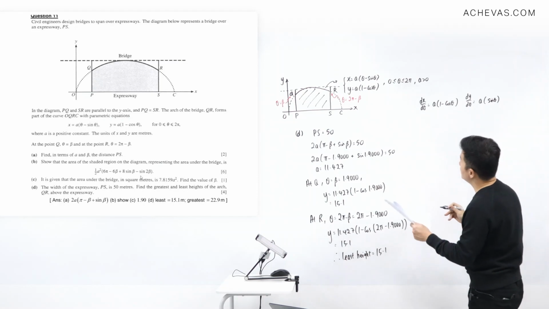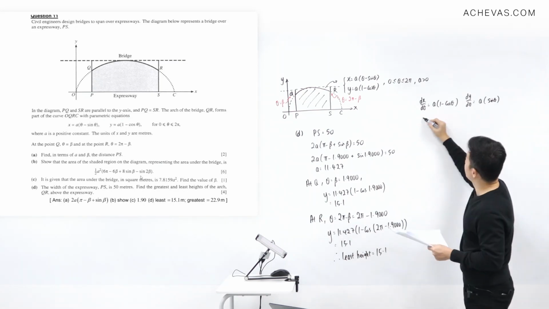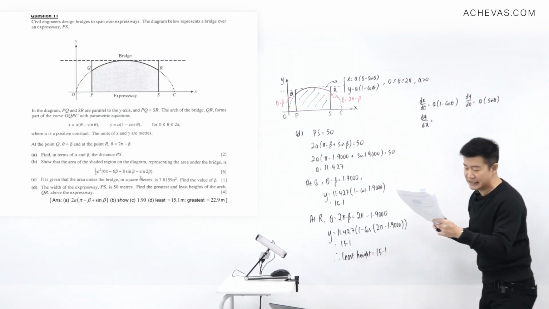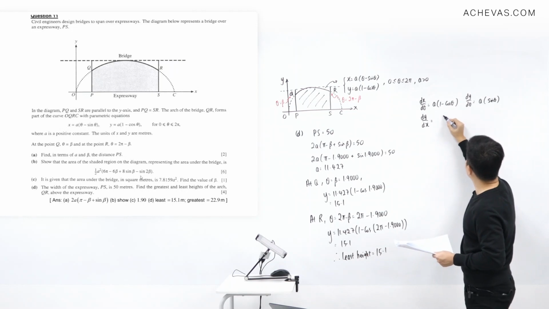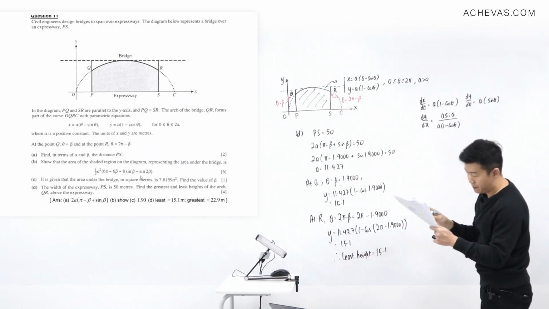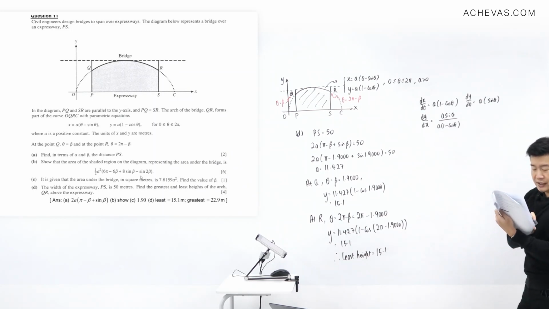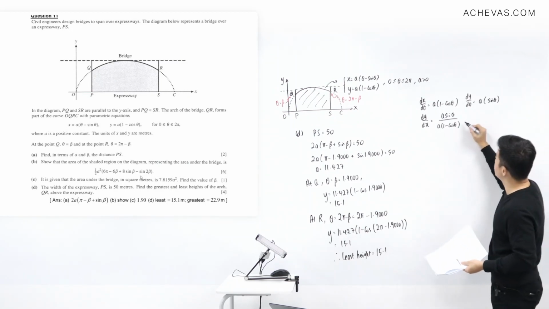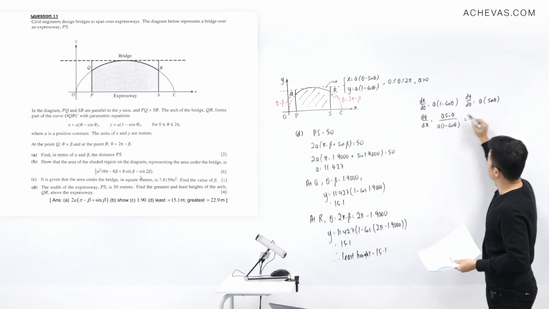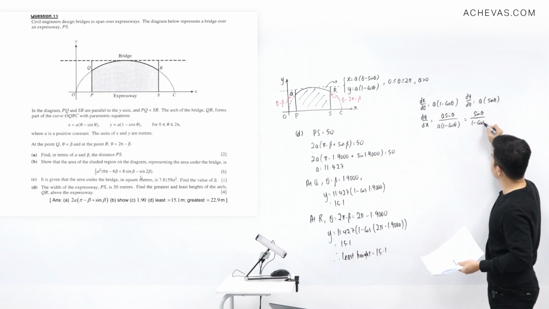So dy/dx is dy/d theta divided by dx/d theta, which is a sine theta over a times 1 minus cosine theta. The a can be cancelled, so we have sine theta over 1 minus cosine theta.